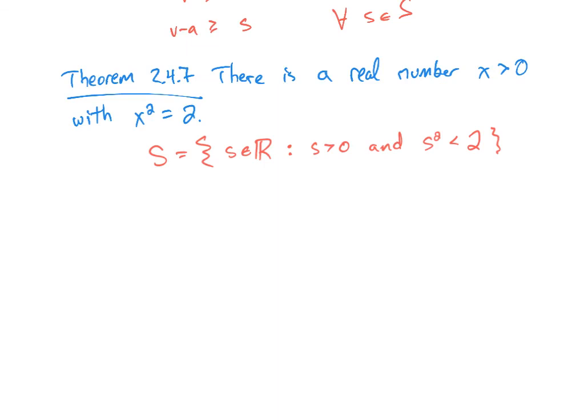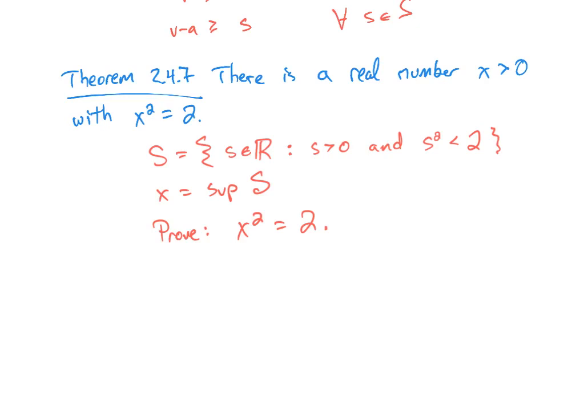Okay? This is a non-empty set. It's non-empty because like 1 is in there. It's bounded above because, I don't know, any number that's 2 or greater is not in there. And so it has a supremum, so you'll let x be the supremum. And then you'll argue that x squared is actually 2.